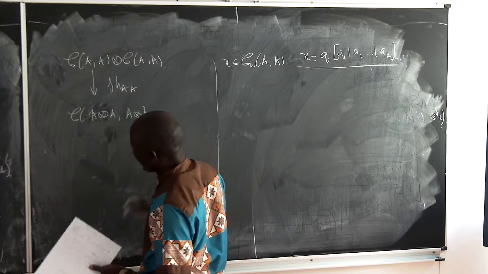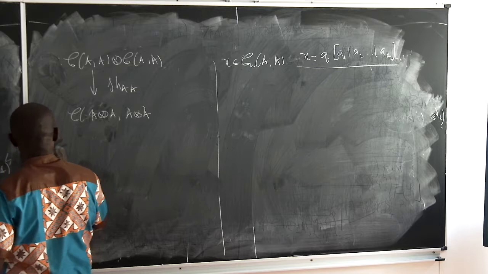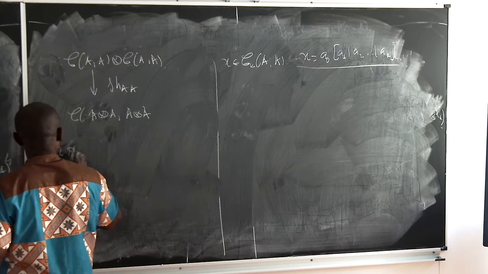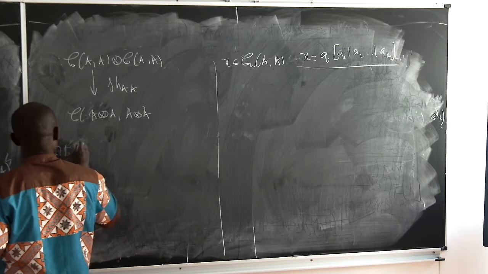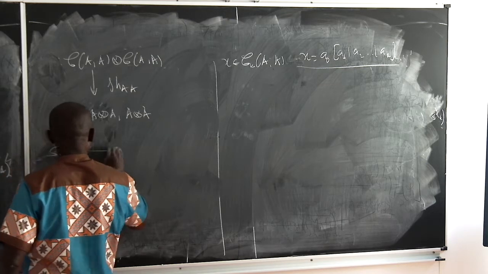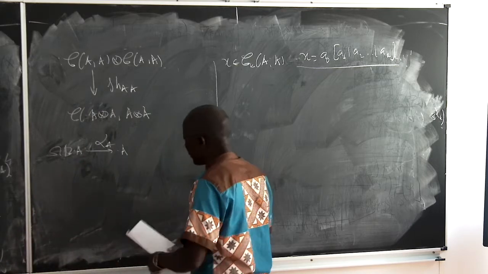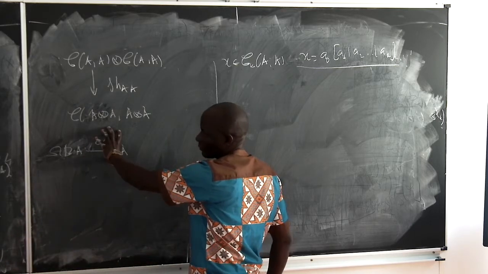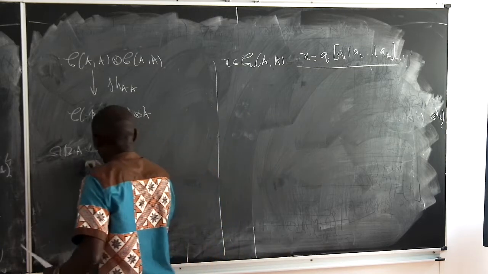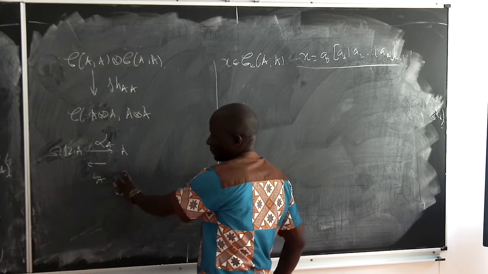I defined it here. I told you that for omega BA, omega BA, this map is a quasi-isomorphism. So we have the inverse of this map here.